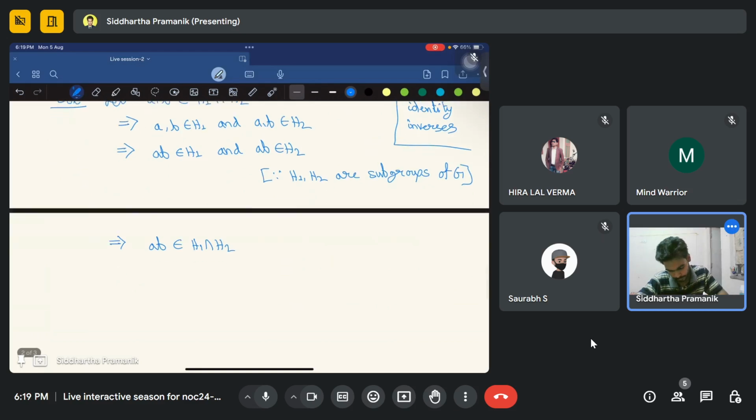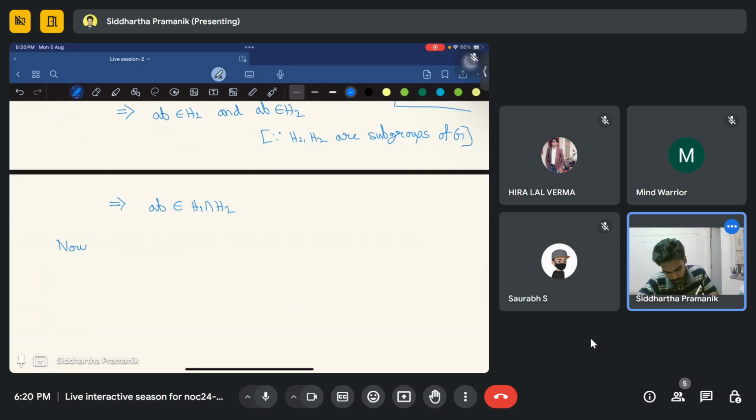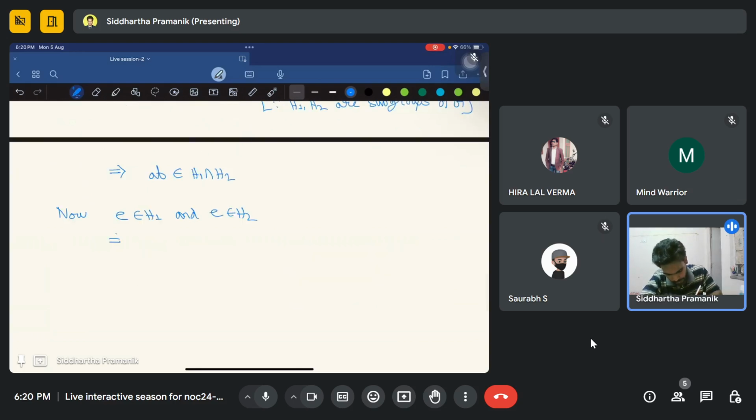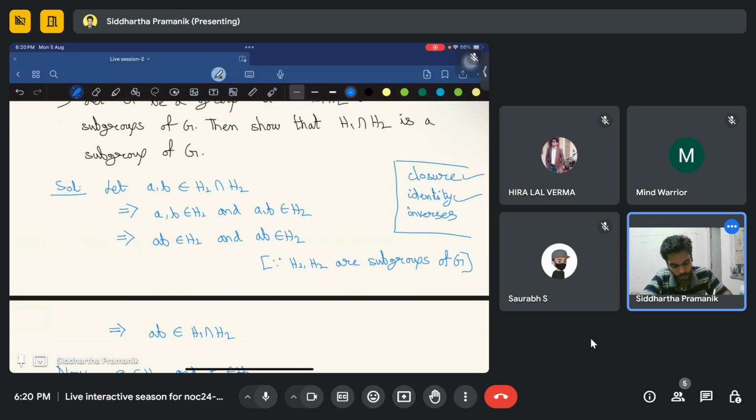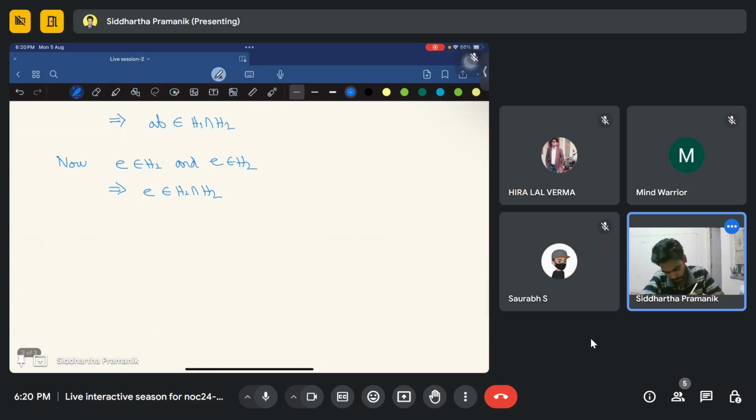Now the identity. We know e belongs to H1 and e belongs to H2, right? Because both are subgroups, they should contain the identity element. So clearly e belongs to H1 intersection H2. So identity is also very clear. Now what about inverses? Inverses is also clear. If a belongs to this intersection, that means a belongs to both H1 and H2 as well.